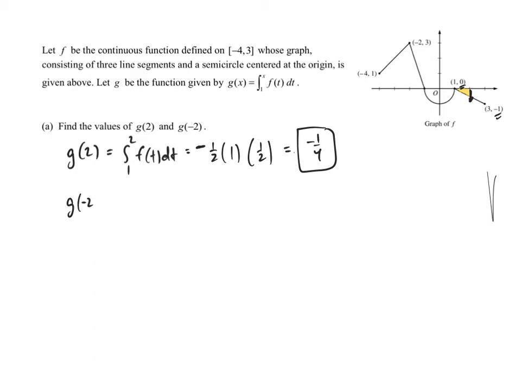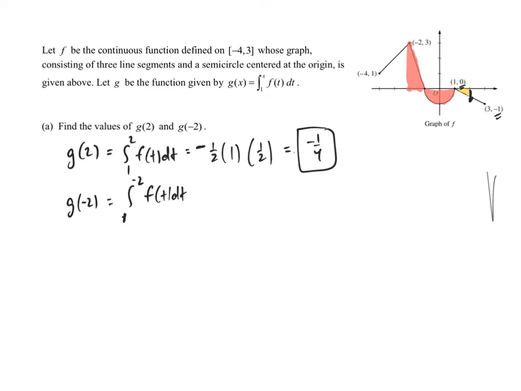Now for g of -2, that's going to equal the integral from 1 to -2 of f of t dt. That is going to be represented by this little half circle here from 1 until -1, and then from -1 to -2, we're going to have this triangle here. Because we are integrating backwards, these regions are going to take on the opposite sign that you would normally think.